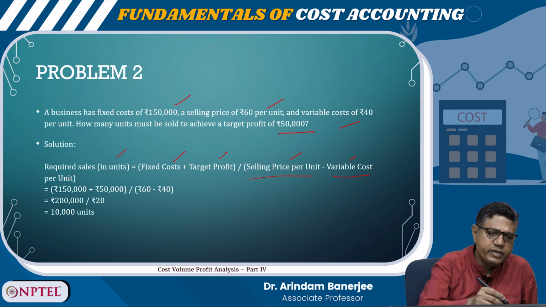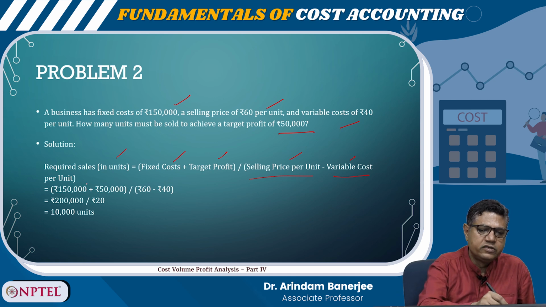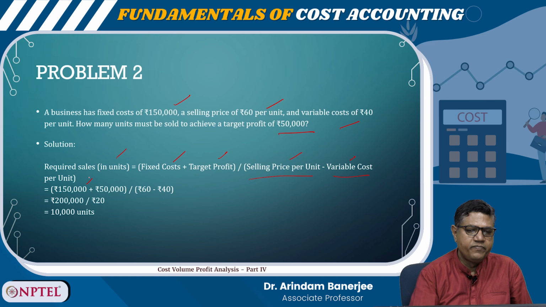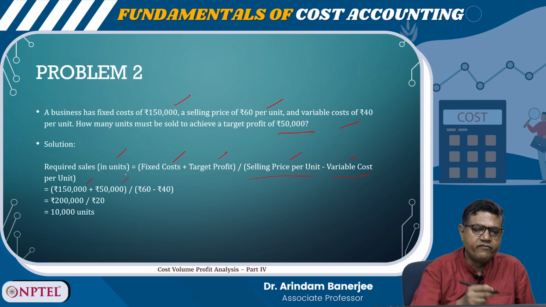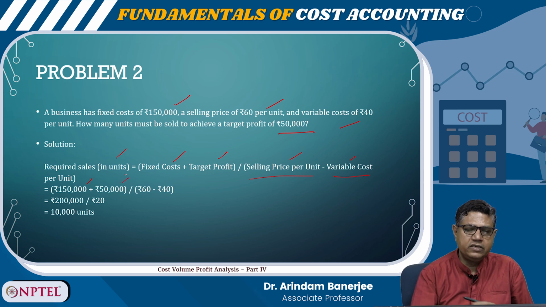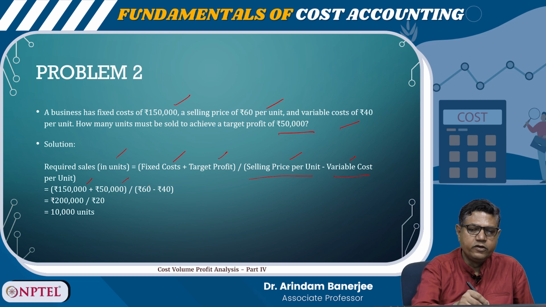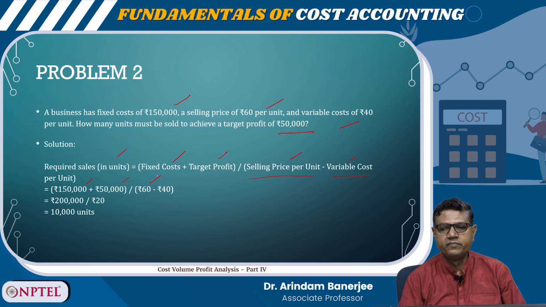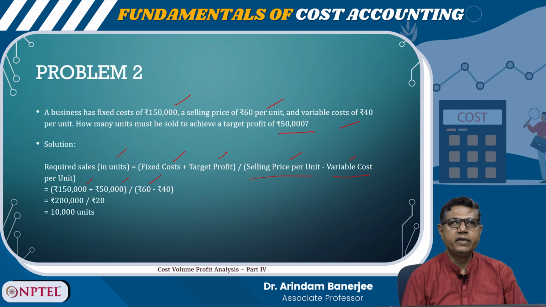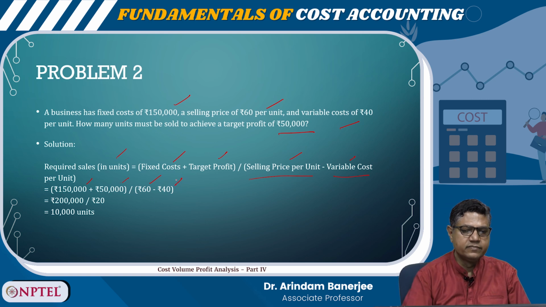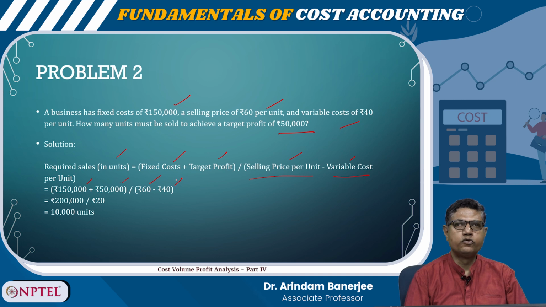So, I am putting the values here. Fixed cost is 1,50,000 plus the target profit 50,000, divided by 60 rupees, my selling price per unit, minus the variable cost per unit of 40 rupees. So, 20 rupees is my contribution per unit.